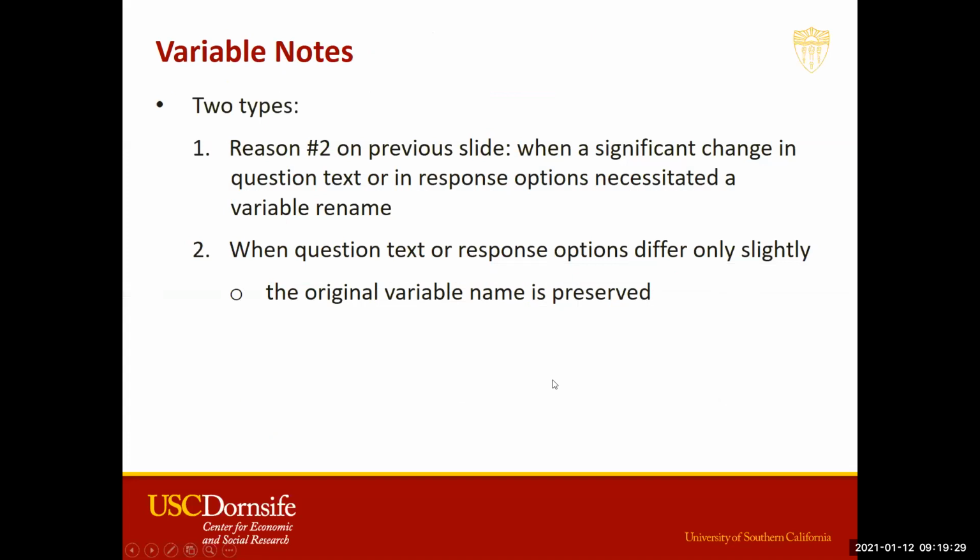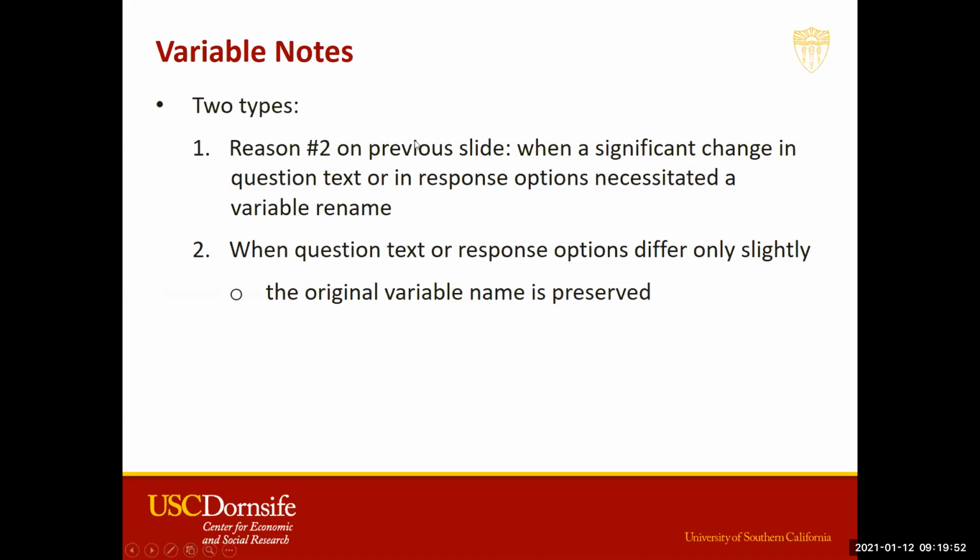As I mentioned for reason number 2, we also have variable notes, and the crosswalk and Stata have these. We typically add a variable note for one of 2 reasons. One is the one I just mentioned, when a significant change in question text or response options necessitated a variable rename.